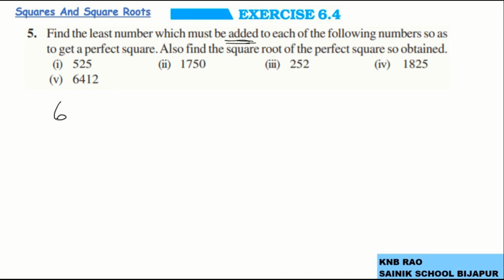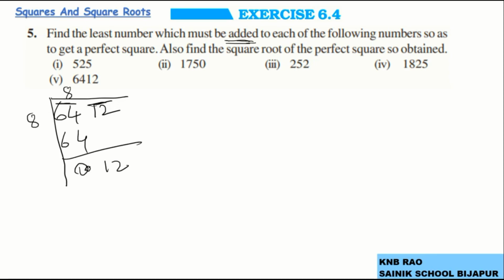For example, 6412 I am taking, and here first pair is 12 and second pair is 64, the leftmost pair is 64. 8 8s are 64, 0 and 12 comes down, and 8 plus 8 is 16, and what must be taken here.